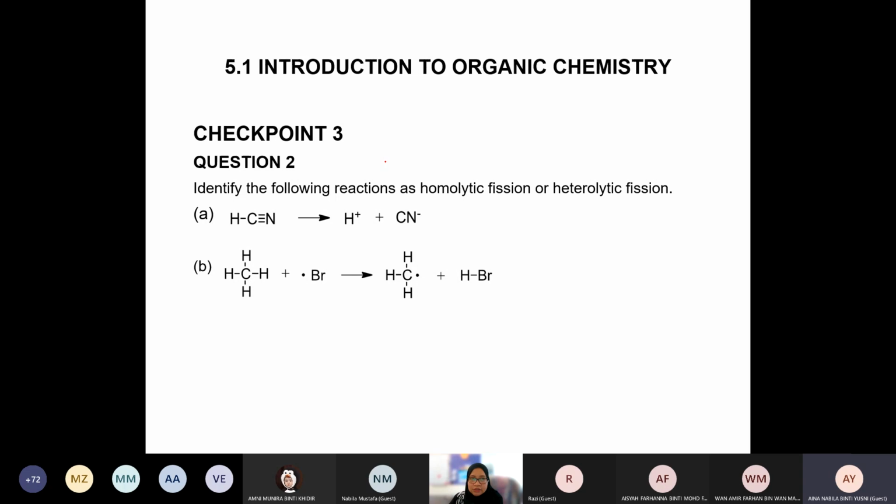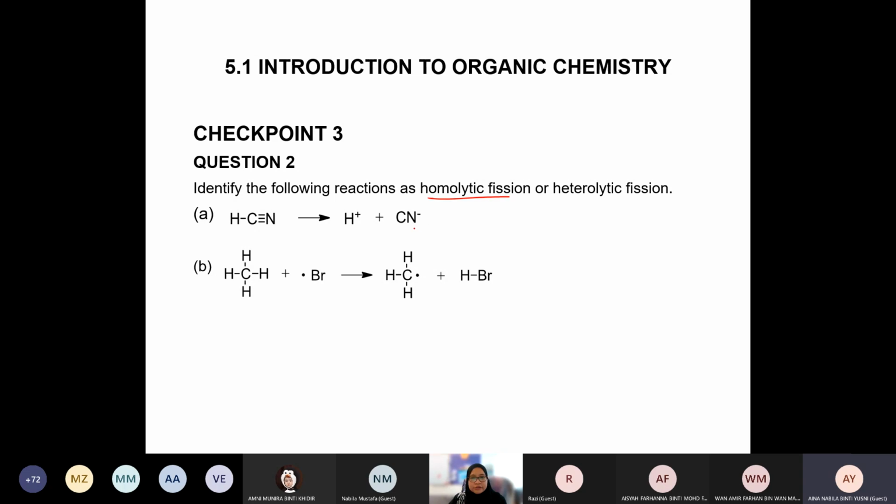Okay, so homolytic fission will produce free radicals, whereas heterolytic fission will produce ions because both of the shared electrons will be given to only one of the atoms. Instead, for homolytic, on the other hand, each electron will be returned to its owner, fair and square. So that's why you will produce free radicals for homolytic fission.